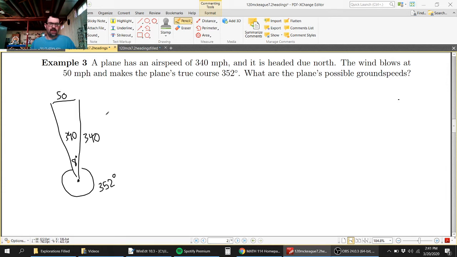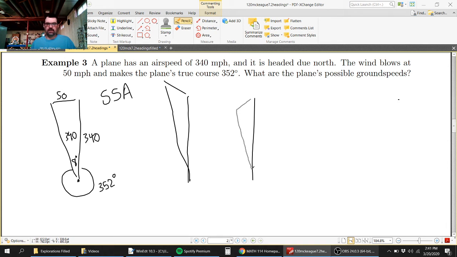And so if you look at what we have, a side, and not the angle between them, but one of the other angles, this is SSA, which of course is that last situation we looked at, the one that could have no solution or two solutions. If you think about it, if a plane is facing north, but then ends up going in the direction 352, the wind could be blowing with the plane and making the direction 352, or the wind could be blowing against the plane and make the plane go in the same direction.